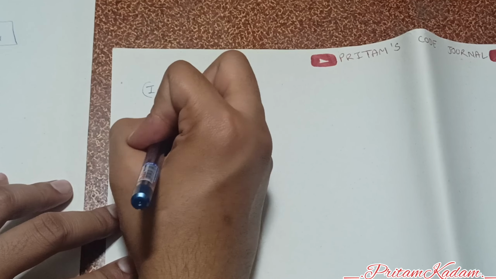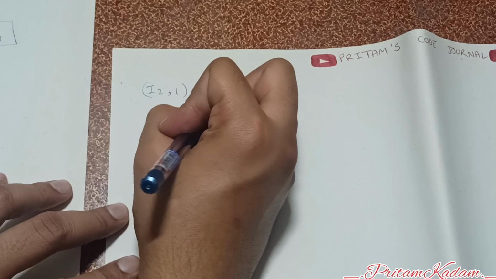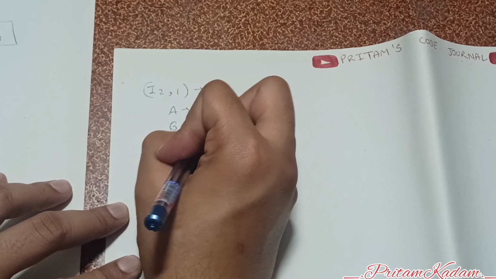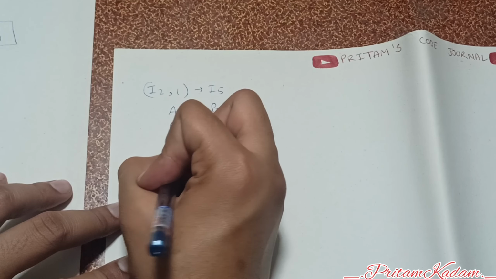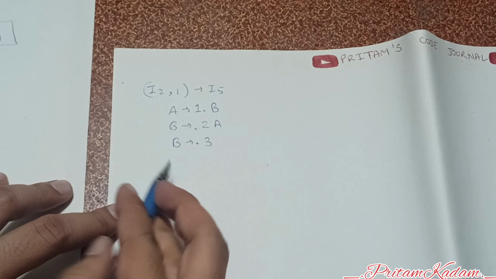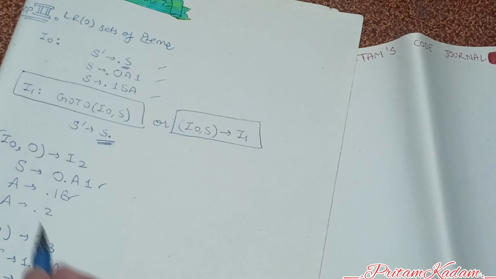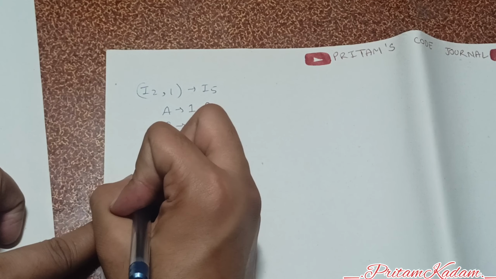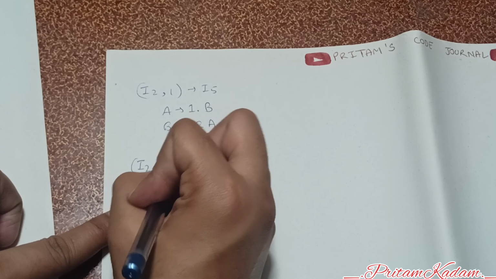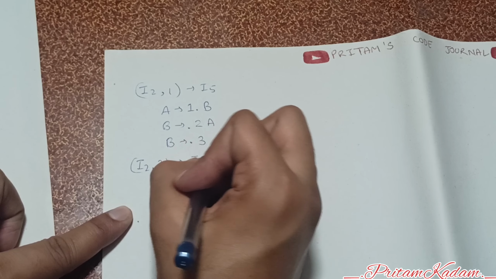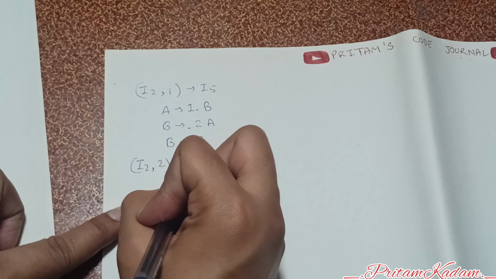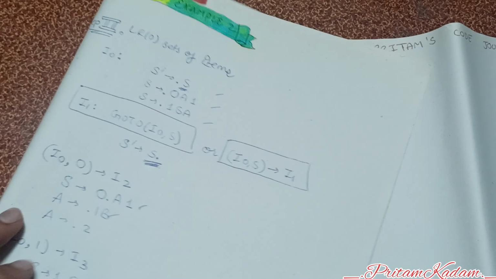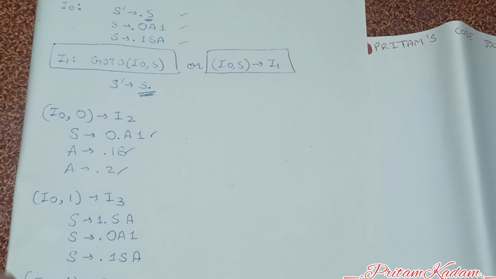Now A gives 1 dot B, and we will write the B productions as we have a non-terminal after the dot. So this is the I5 state. Now I2 on passing 2 goes to the production A gives 2 dot. So the I6 state, and we will write A gives 2 dot. This is a complete state as there is nothing after the dot in that production.